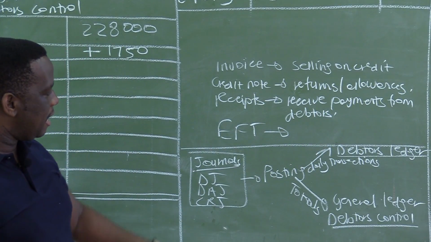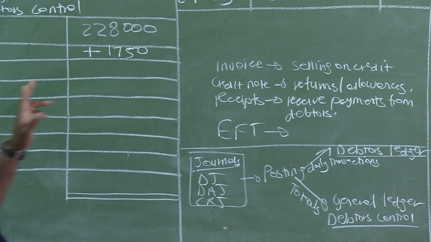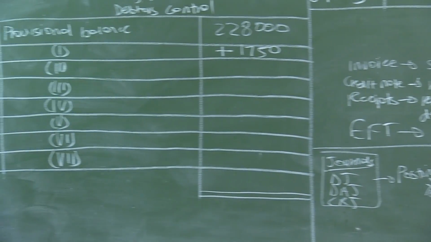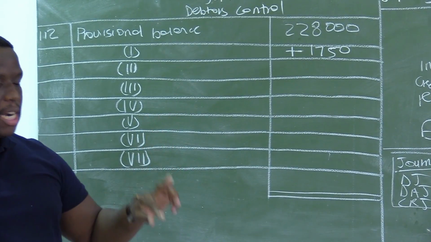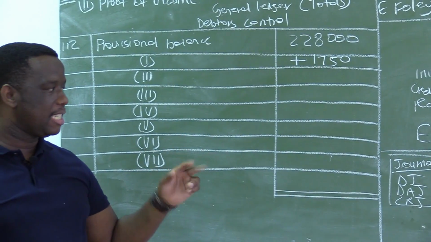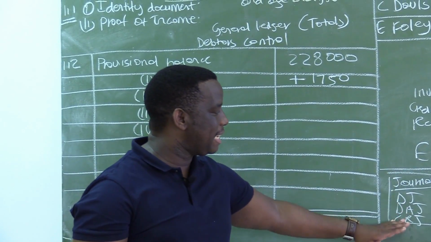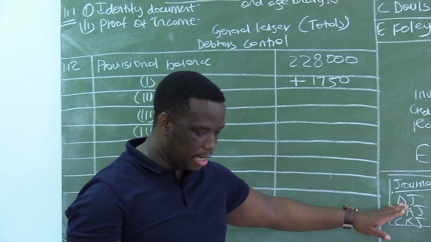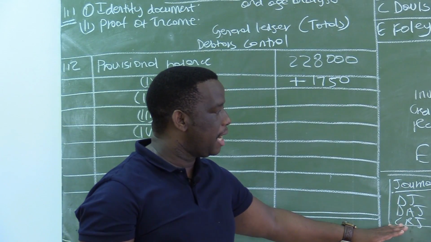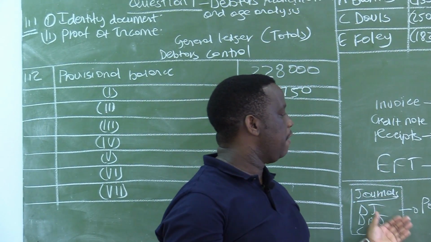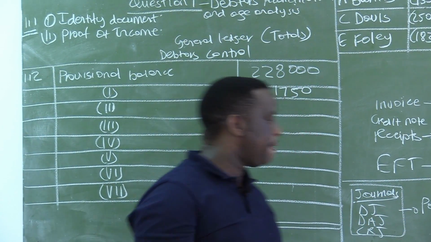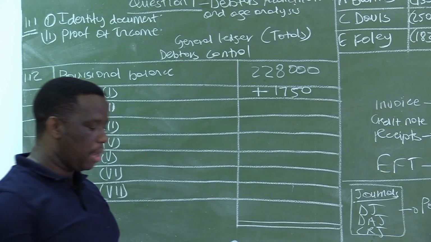So you must understand that the first transaction is affecting both the general ledger and also what? The debtors ledger, because it was not recorded at all. It is not in the journals. And as it is not in the journals, it was not posted to the debtors ledger, and even the total is not included in the debtors control column.